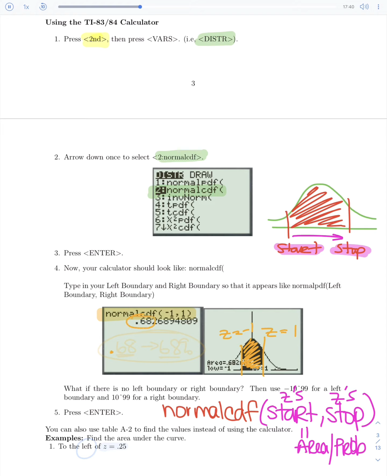So our probability or area would be 0.68, or as a percentage, 68%. Sometimes they'll ask for the probability or area, sometimes they'll ask for the percentage. But you should become very comfortable with using your calculator to do this.